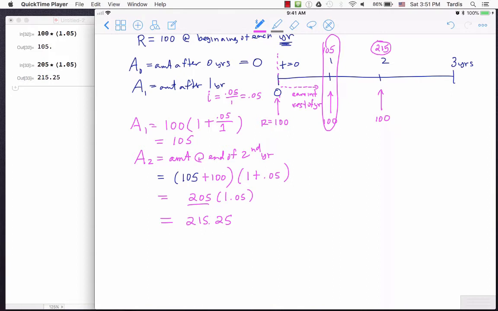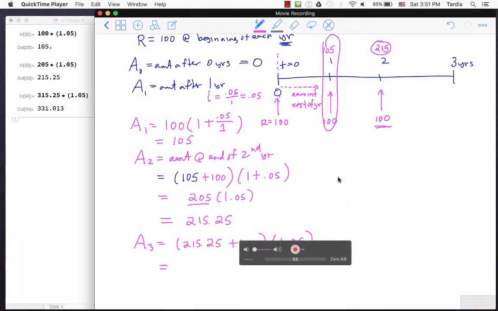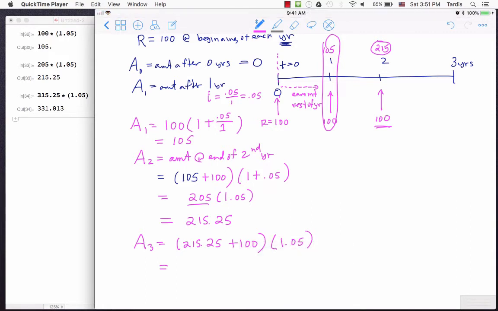Okay. Now you go to the third year. That $215.25 that you had, you make a deposit of $100. You're using your last deposit, and it's that amount of money after you've made the deposit that earns the 5% interest. So you're going to have the $315.25 that's going to earn the interest and take you through to the end of the third year.